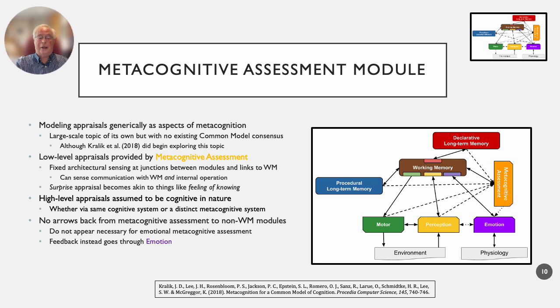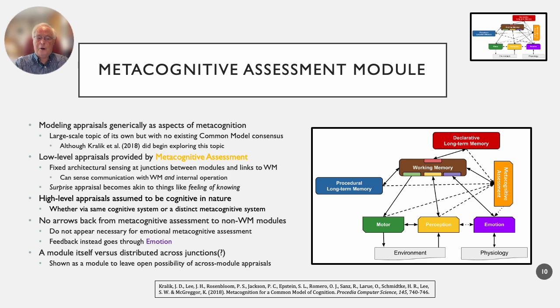There are no arrows back from metacognitive assessment to other modules here, as they're not needed for the emotional modeling, although they certainly might be needed for a full model of metacognition. The feedback here instead goes through the emotion module, and from there via the arrows, some of them shown here, some of them not shown here, from the emotion module to the other modules.